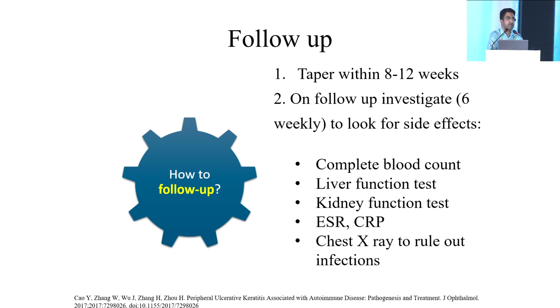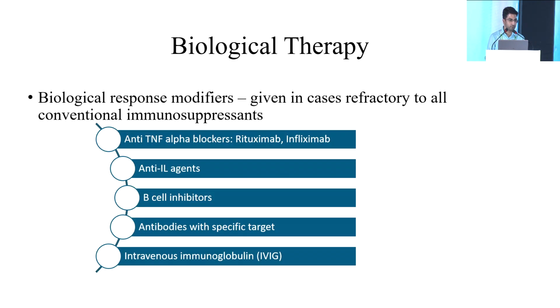ESR and CRP will guide us to titrate the dosage of the drugs, whether the inflammatory pathology is under control or not. The other blood counts, LFT, and kidney function tests are just to look at the side effects imparted by the immunological agents.